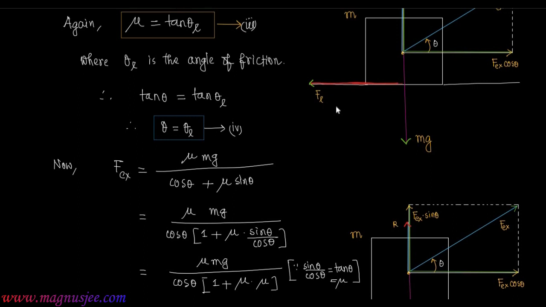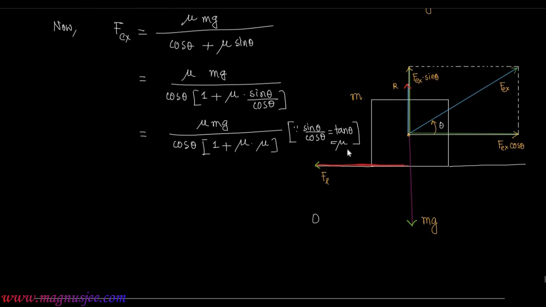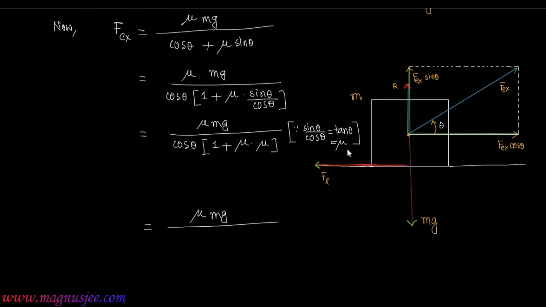Since sin theta by cos theta equals tan theta, which equals mu, Fex is equal to mu mg divided by cos theta into (1 plus mu square).